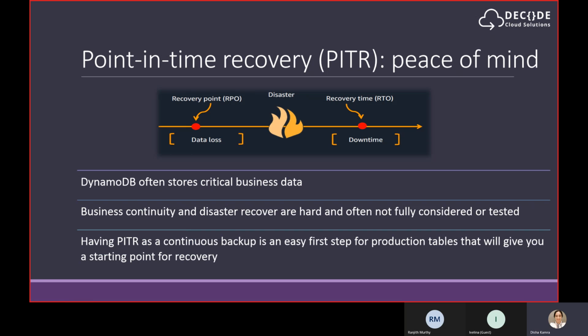When we consider data protection and disaster recovery, we generally want to define a recovery point objective: how much data am I willing to lose in restoring the service? And a recovery time objective: how quickly can I recover?